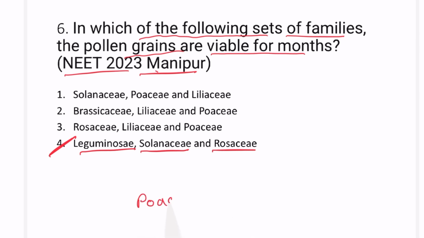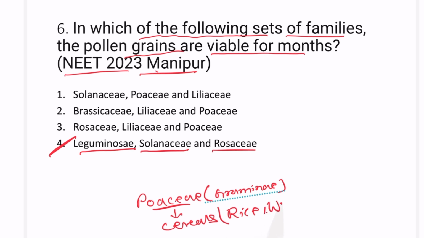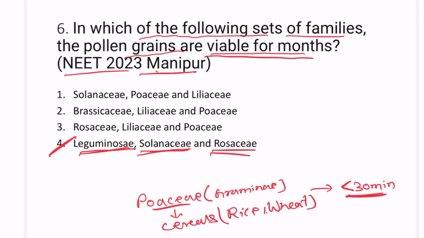Whereas the Poaceae family, also called Graminae, whose members are commonly referred to as cereals, like rice and wheat, the pollen grains lose viability within 30 minutes after their release. Whereas in Leguminosae, Solanaceae, and Rosaceae, the pollen grains are viable for months together. These are the important examples we need to remember from this chapter.